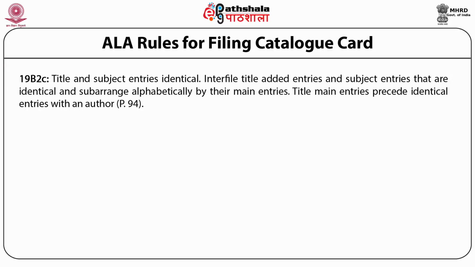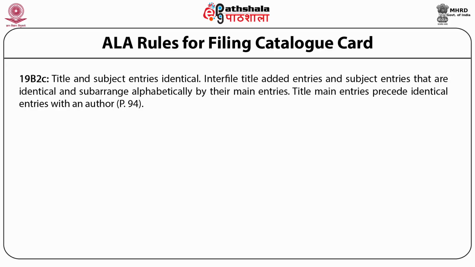Rule number 19B2C. Title and subject entries identical: interfile title added entries and subject entries that are identical and subarrange alphabetically by their main entries. Title main entries precede identical entries with an author.